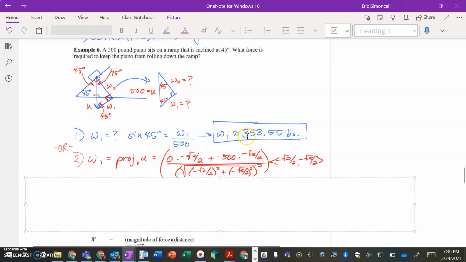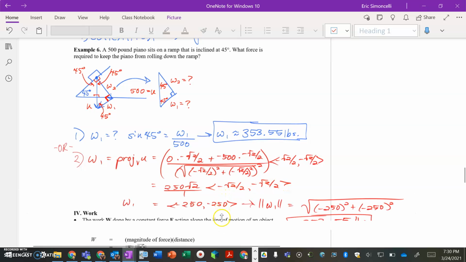Anyways, the math that you do here, which I will show and you can double check, and notice the denominator is the component form of v squared, the square root of which, the magnitude, we know. In the end, you'll end up with 250 root 2 as the resulting scalar times this particular vector in component form. If you distribute, you will find that the exact answer, as we saw up above, takes shape.